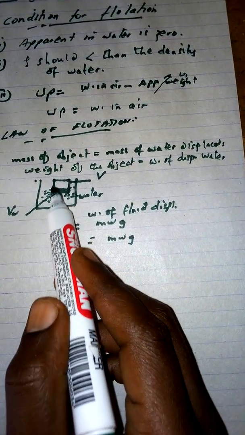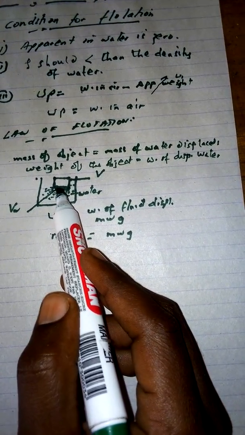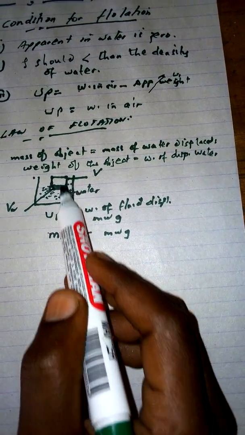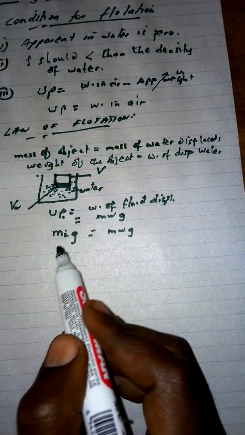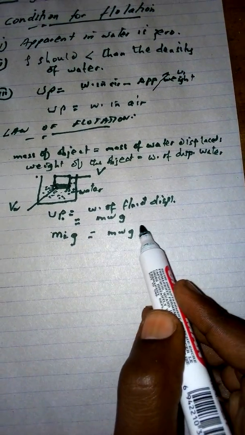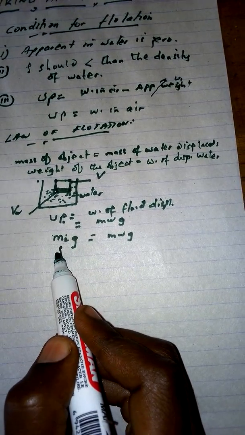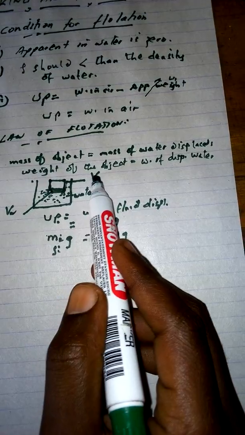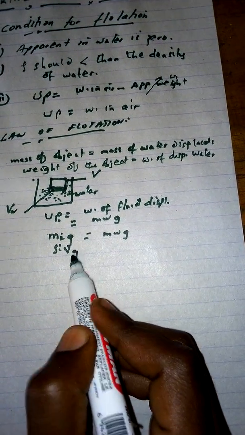Remember, the ice has a certain volume, as also its density. So we said that the total volume of this ice is V. We understand that mass is the density times the volume. So the mass of ice, we can write, is the density of ice times its total volume, which is V, times the gravitational force.